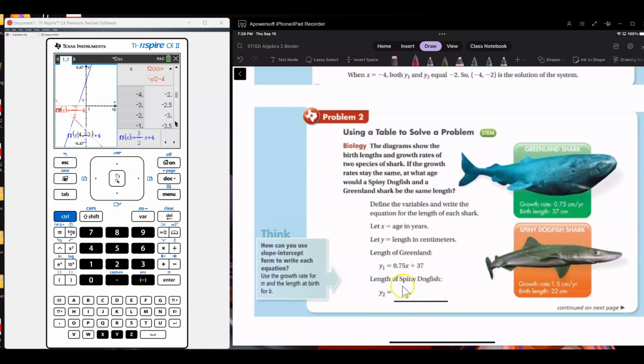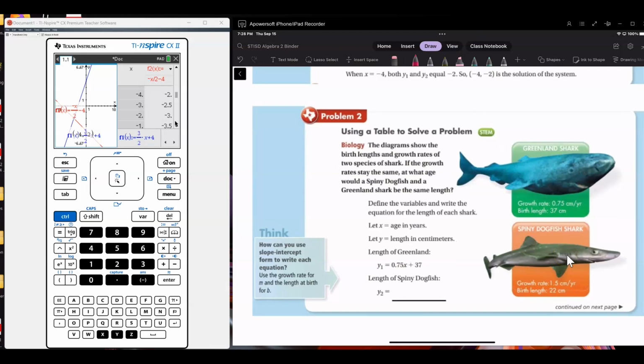Now we wanted to come up with the second equation. It would be 1.5, because that is the growth rate, times x, that's for every year, and the starting birth length is 22. So what we're going to do is solve this graphically.